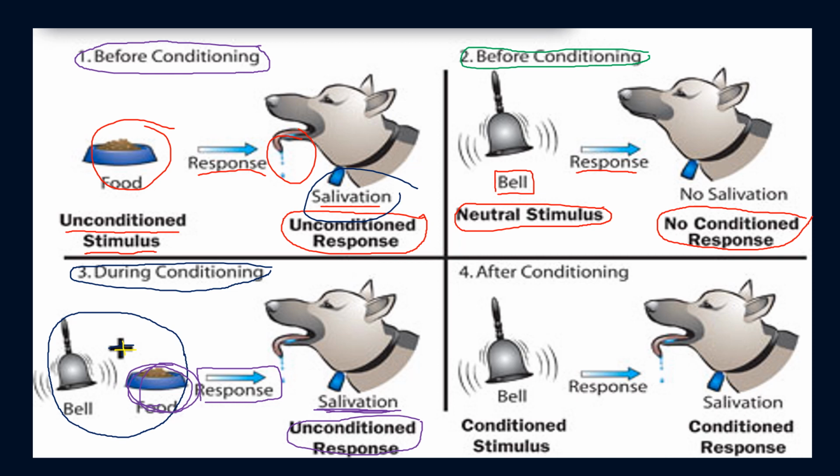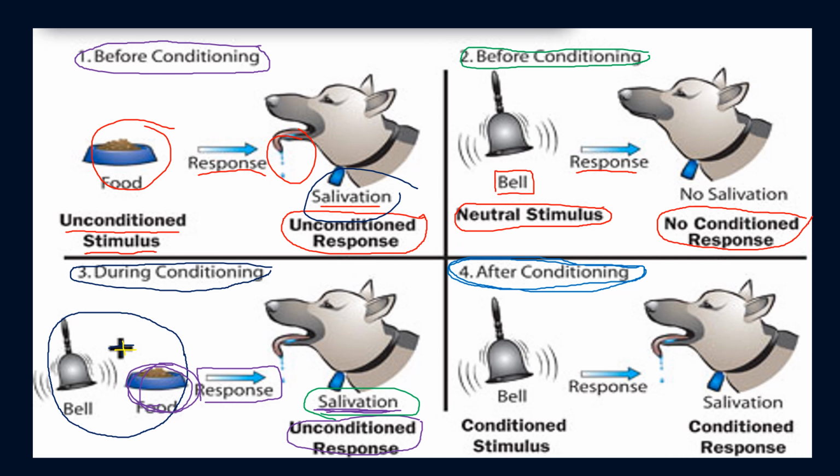As this occurs more and more often, that's when the association between food and bell begins to form. So once he was sure that he'd presented the bell and the food at the same time often enough, with the salivation response, he decided to withdraw the food and to see what happened after the conditioning process.